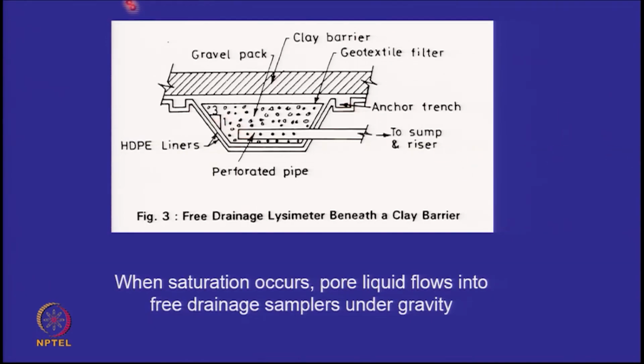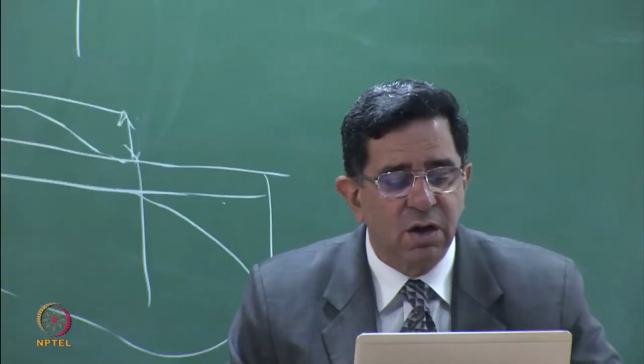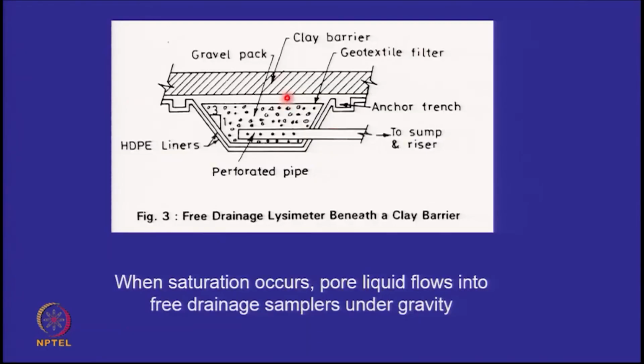The idea is that if this becomes saturated and water starts to drip down from here, it will get collected in the gravel. Between the clay and the gravel there has to be a filter. Here it is showing a geotextile filter, but you can also have soil filter layers so that the fines don't travel into the gravel. So it's just a simple free drainage sampler beneath the clay.